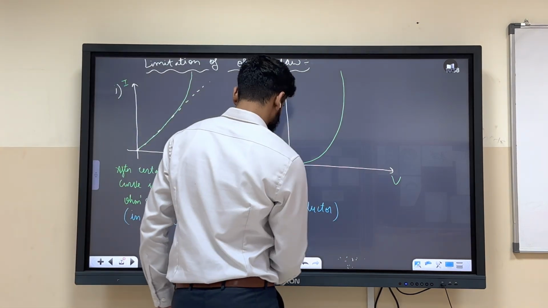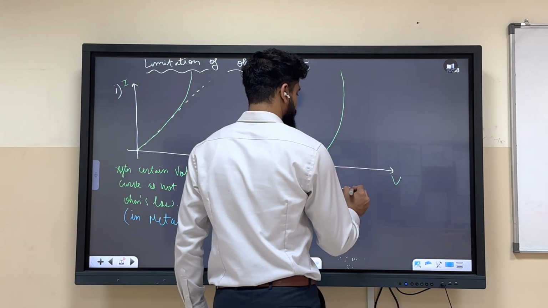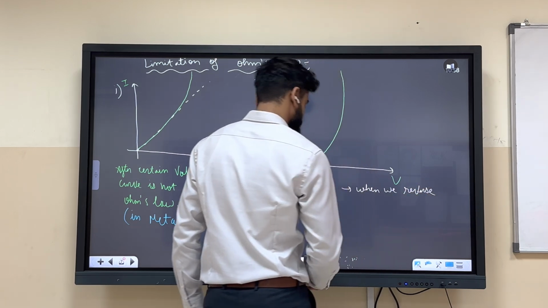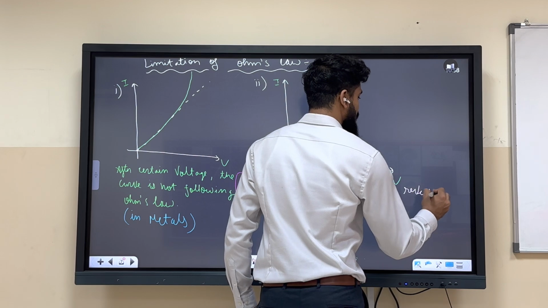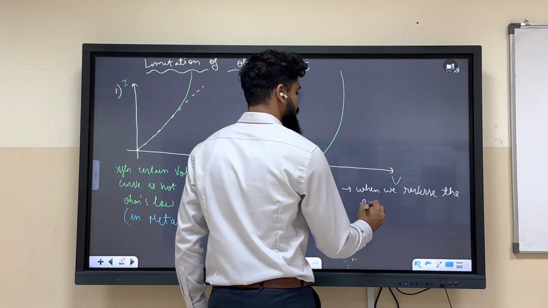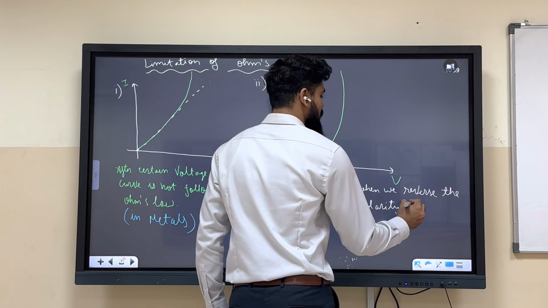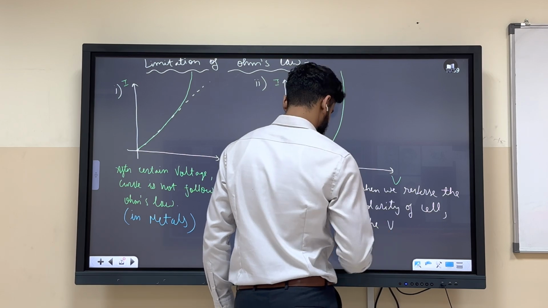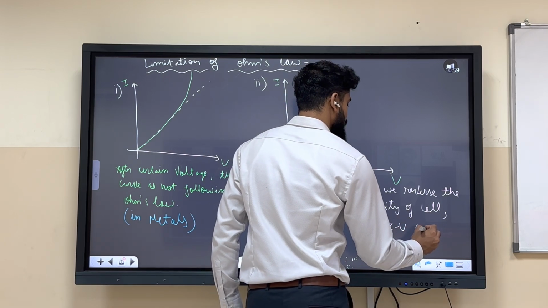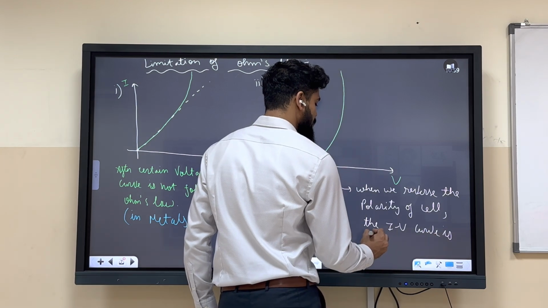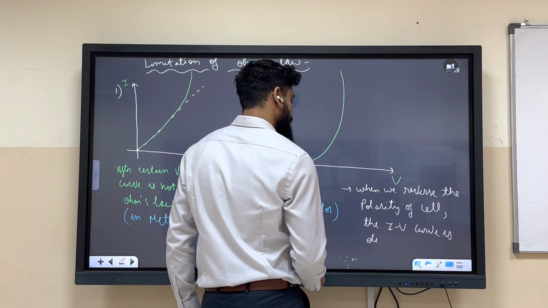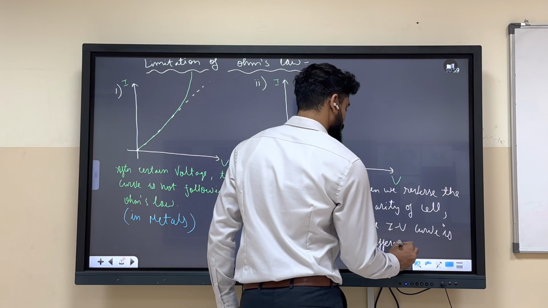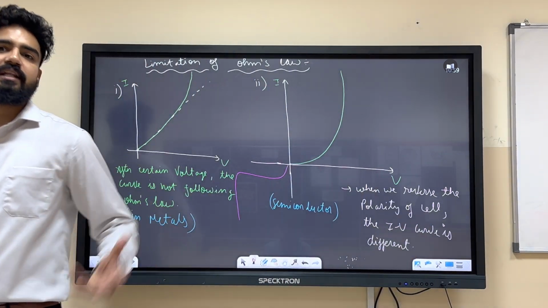For semiconductor, we can write: when we reverse the polarity of the cell, the IV curve is different. It is very different than the expected.